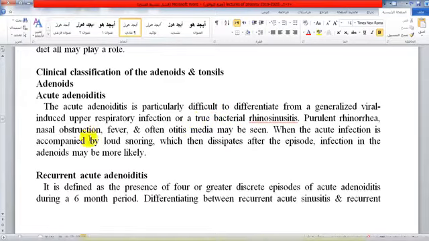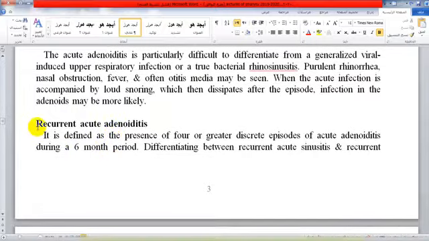Purulent rhinorrhea, nasal obstruction, fever, and often otitis media may be seen. When the acute infection is accompanied by loud snoring, which then dissipates after the episode, infection in the adenoids may be more likely.